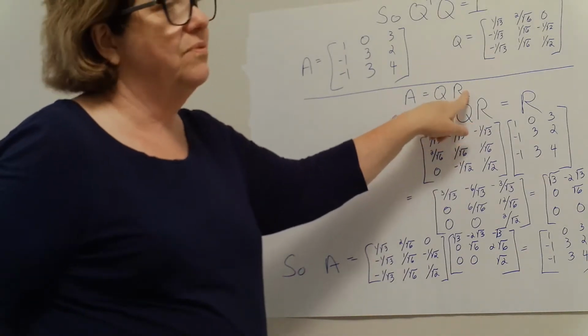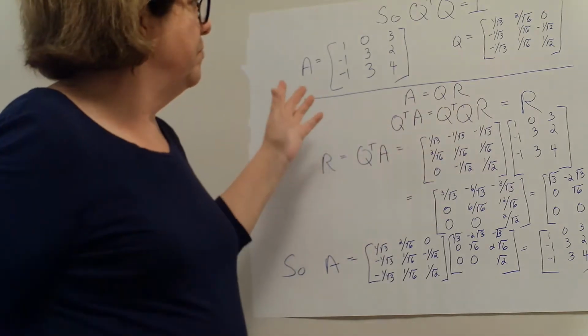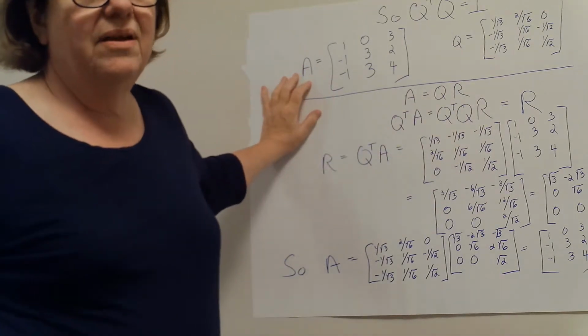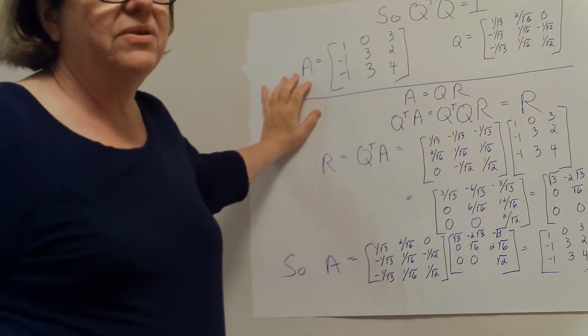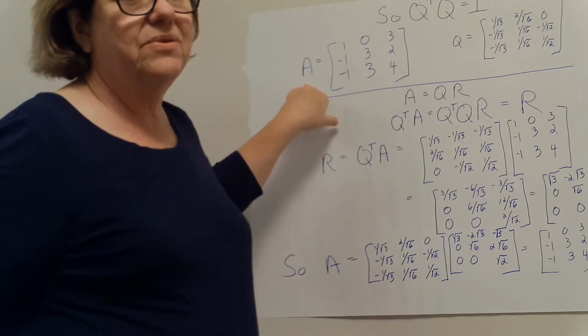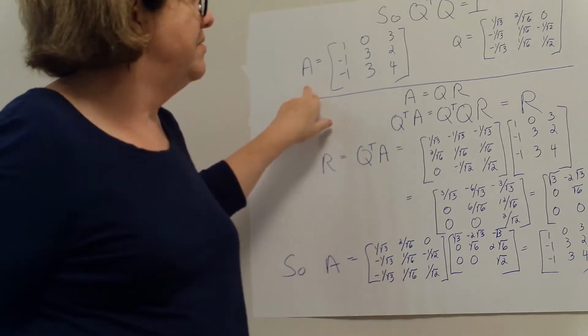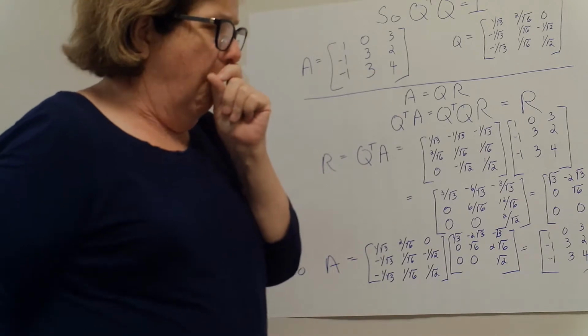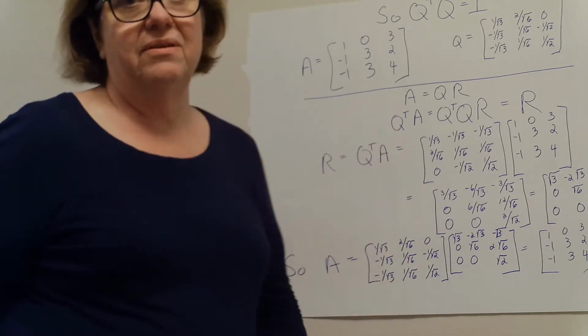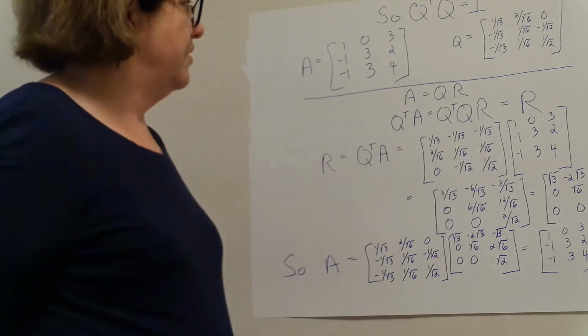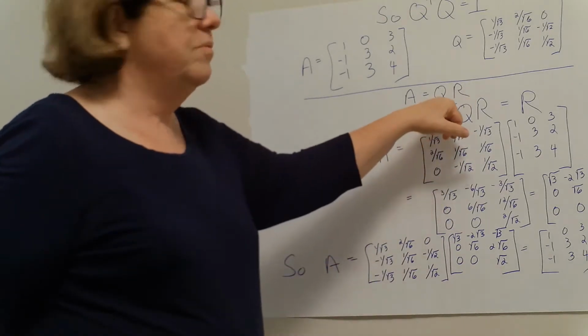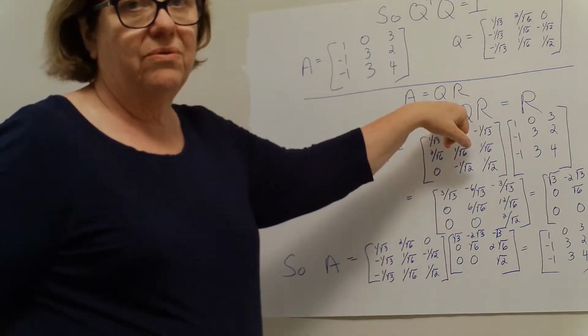This could be useful. Just like, remember, we did a lot on factorization of a matrix in LU factorization or LDU factorization. Now, we've got another kind of factorization, QR, where Q would be a matrix with orthonormal columns.